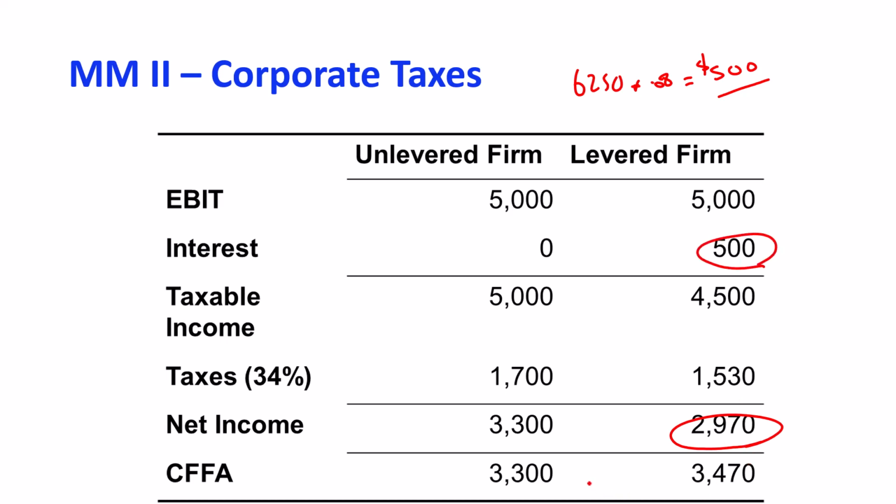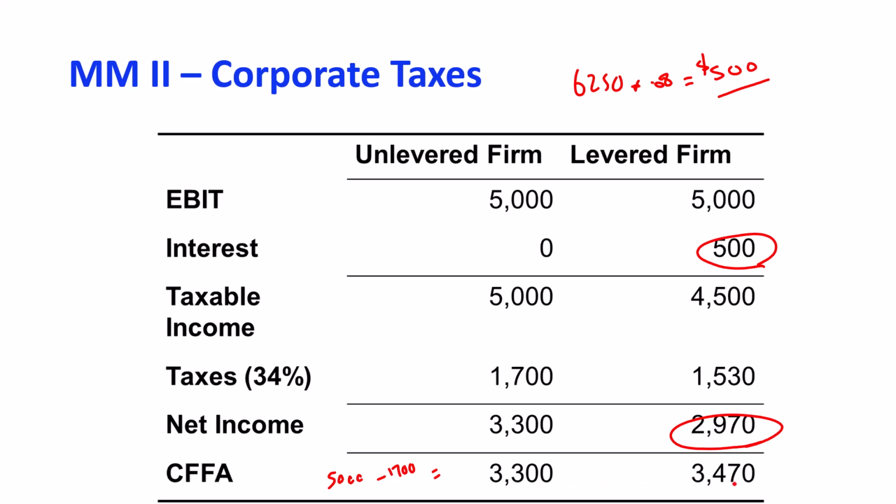So the total cash flow from assets for the unlevered firm is $3,300, which is $5,000 taxable income minus the tax. So you have 3,300.